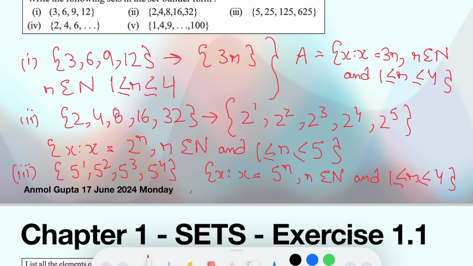Moving on to the fourth question, the set builder form can be simply x such that x is an even natural number.